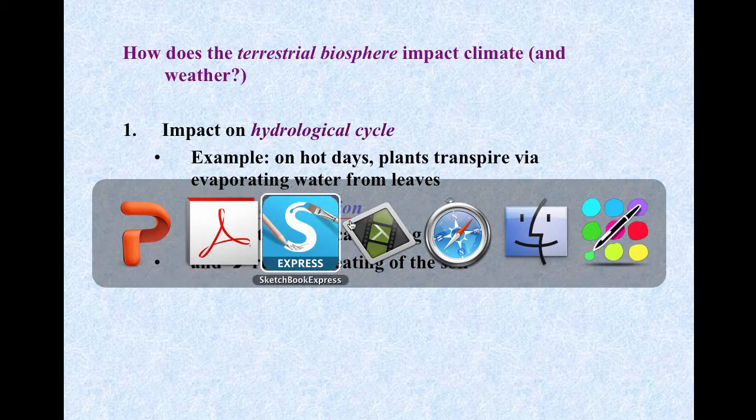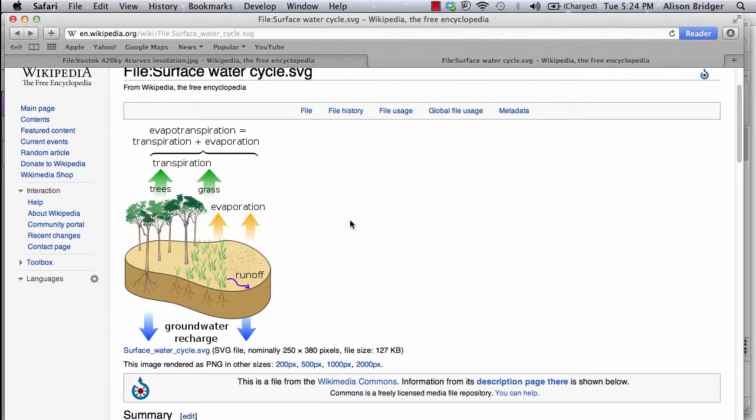As a matter of fact, I looked this up on Wikipedia, and here is a diagram that kind of explains everything. This is a slab of land, and you want to imagine that it has rained on this land, and now it's a hot day.